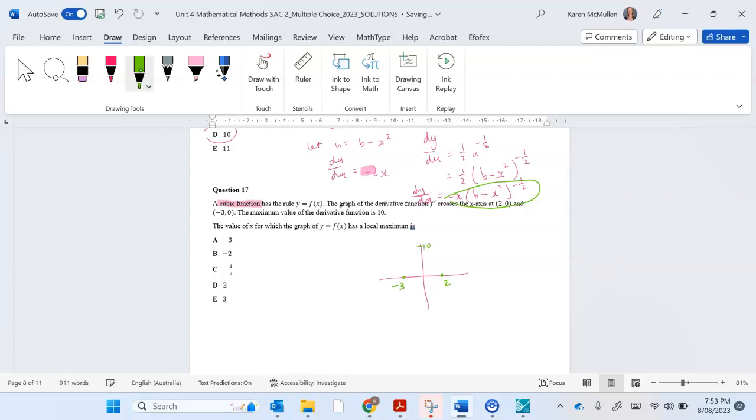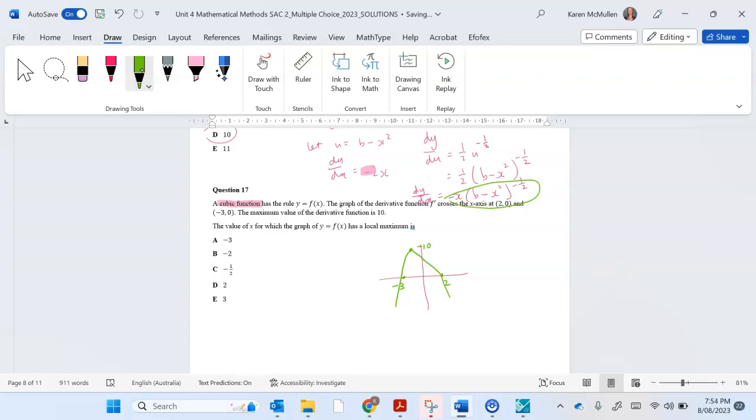So there's 10, and your parabola is going to look something like this. It's a rough sketch. We're not in an art class. So it's a negative parabola.